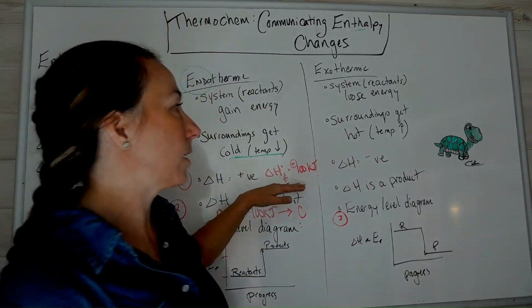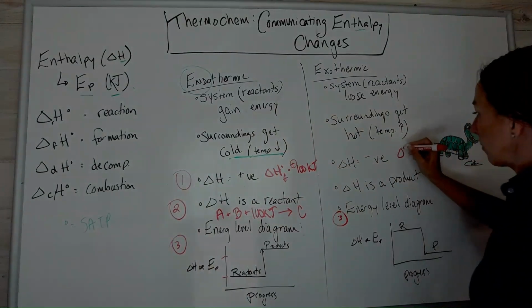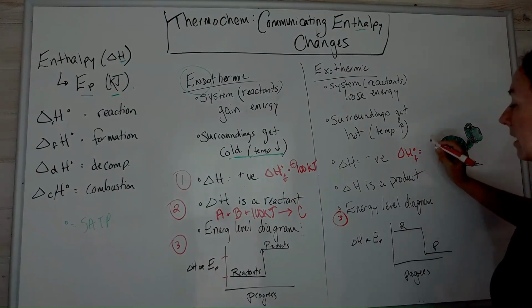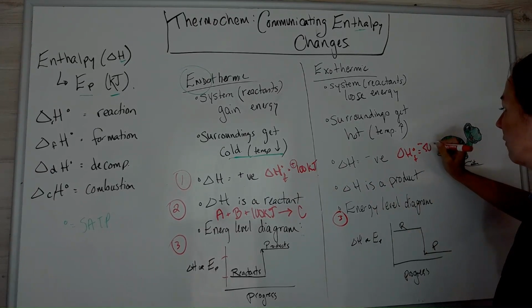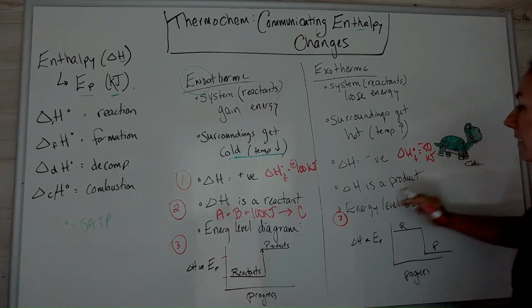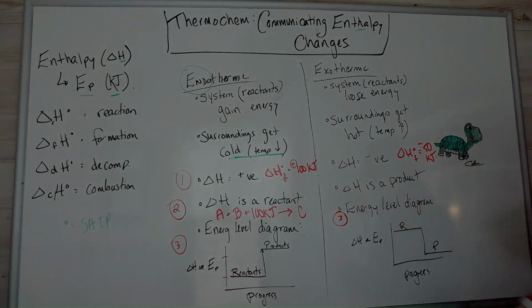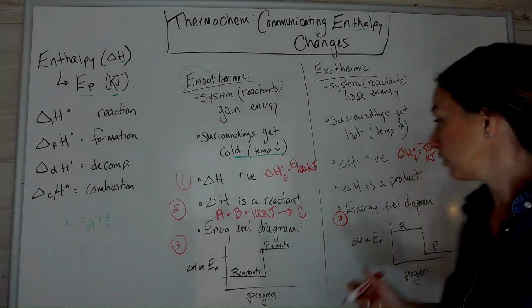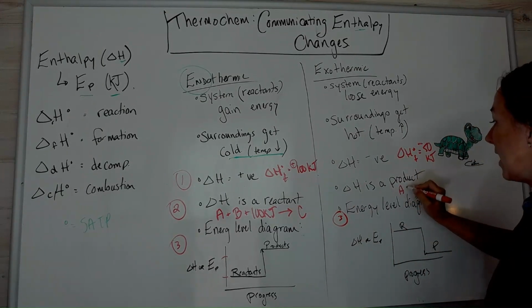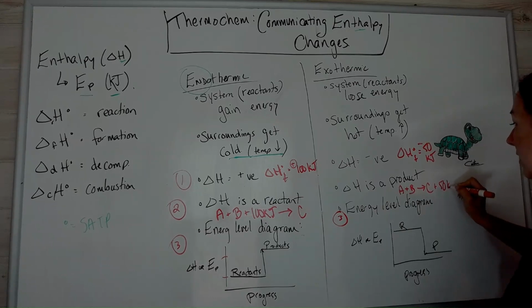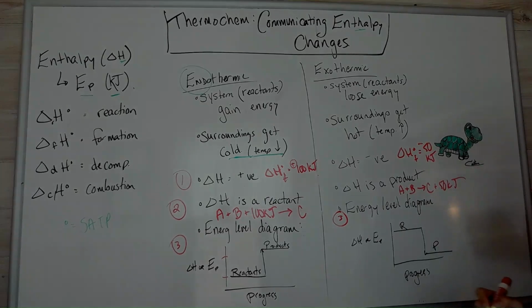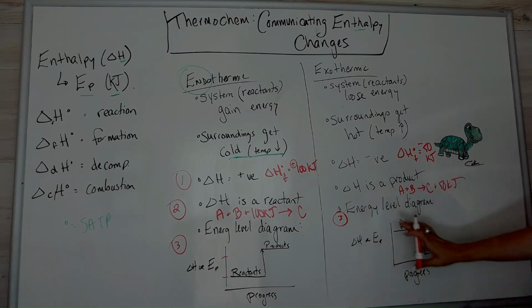So once again, in this formation reaction, my delta H is negative, and let's make a different number here. Let's say negative 50 kilojoules. And so I'm going to write it as a product because we're producing that energy. And so I would have A and B give me C and 50 kilojoules of energy. I would write that there.